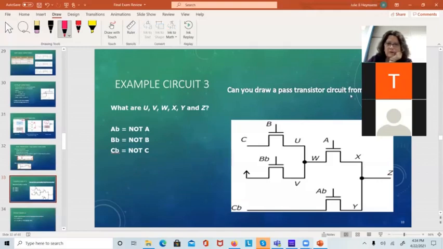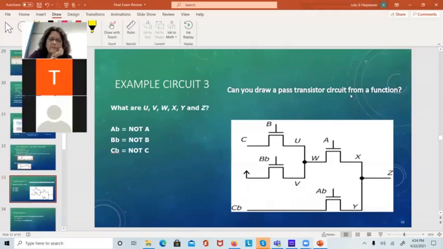So here is an analysis problem. So this one right here is an AND, so this is BC. This is an AND, so this is B naught. BB is B, B little b is B naught.